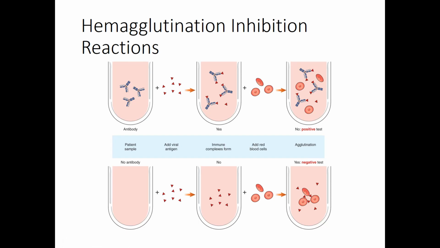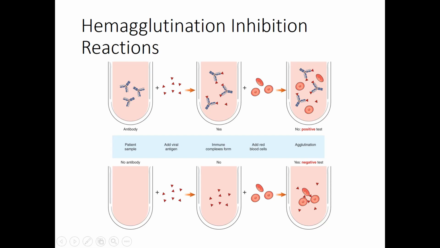We could be looking for a virus, for example. So we have an antibody. In our first test, we're going to add the viral antigen. And because we do have the antibody, the antibody-antigen reaction takes place. There's nothing here to complex with. There's no particle. And there's so much antigen, it binds off all the sites of the antibody.